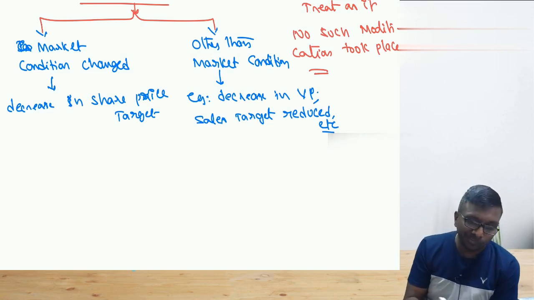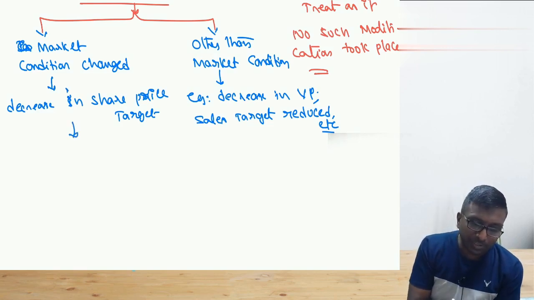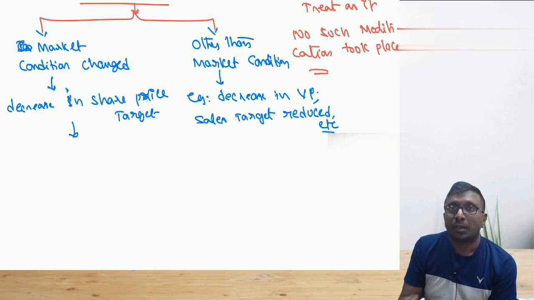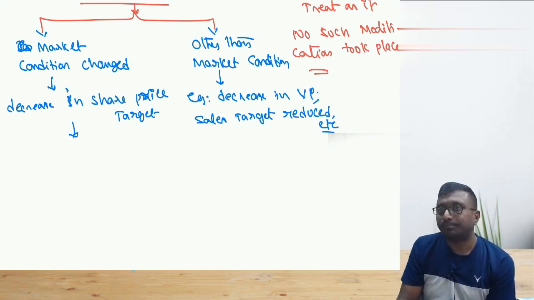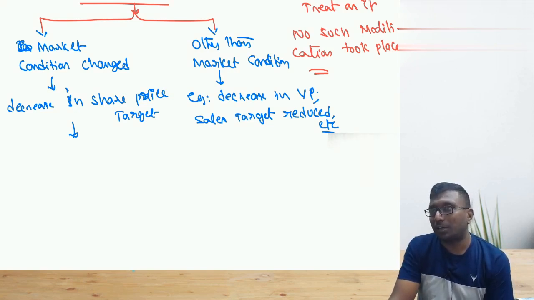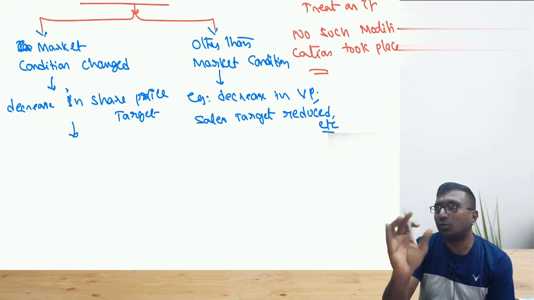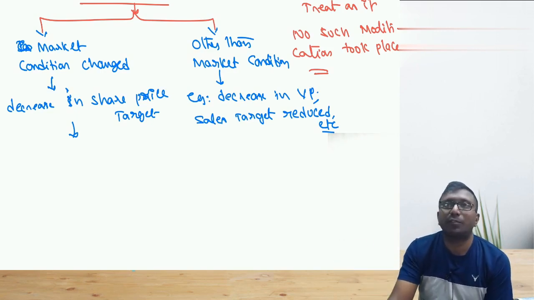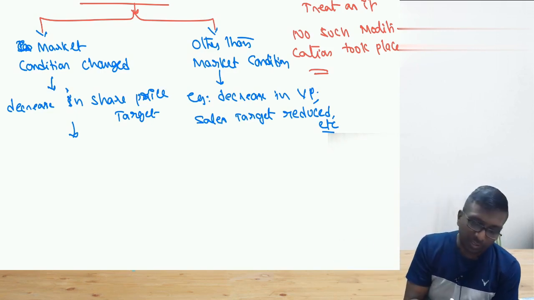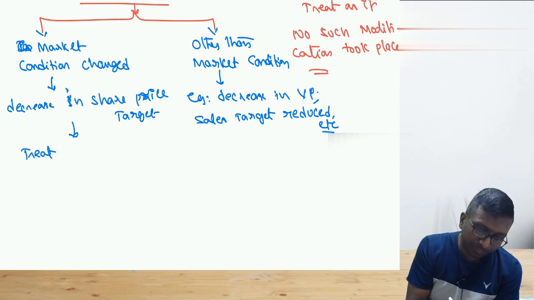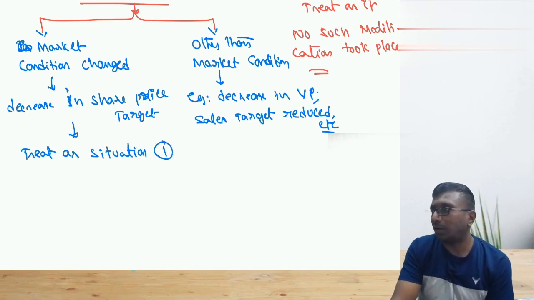What should you do? If the share price target is reduced, treat it as situation number one. Situation number one means find out the incremental fair market value and recognize it over the remaining period of vesting.